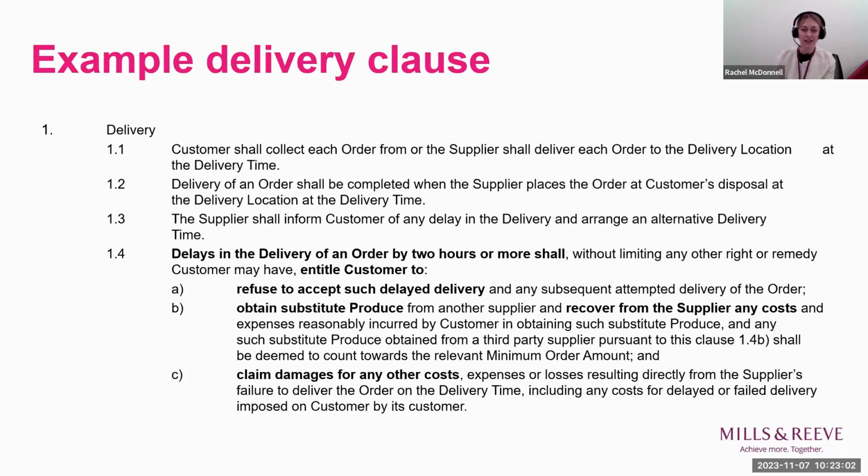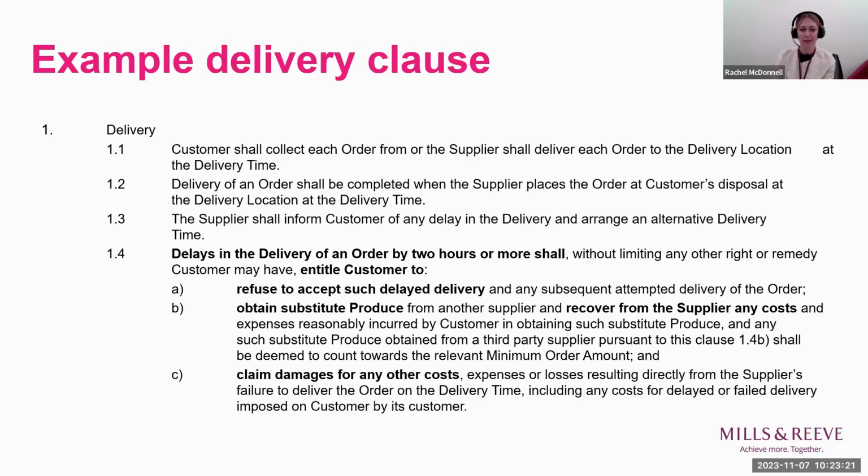And then finally, does B have a contractual right to terminate? For example, if C fails to deliver the goods on time, and time is expressed to be of the essence, then B may well have a right to terminate the contract for material breach.